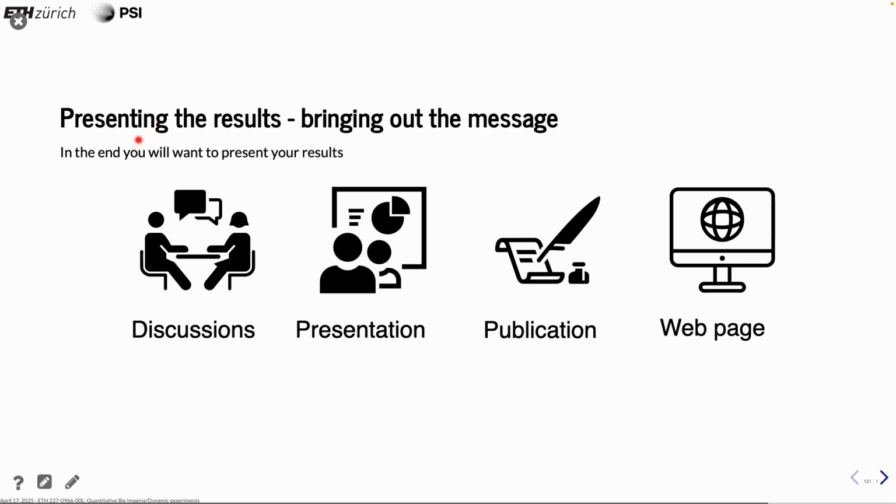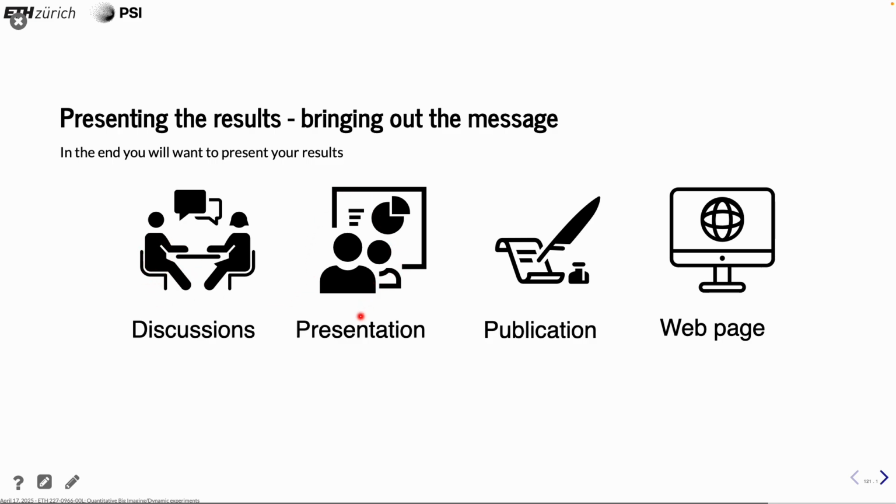And depending on how you want to present it, with who you want to present it, you have to do it in different ways. So, for example, if you have a discussion with your colleague or your supervisor, then you can have pretty technical, low-level information in the plots.